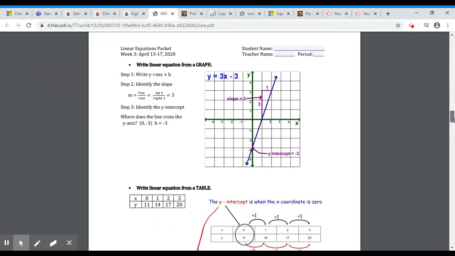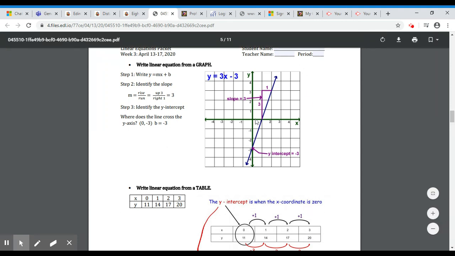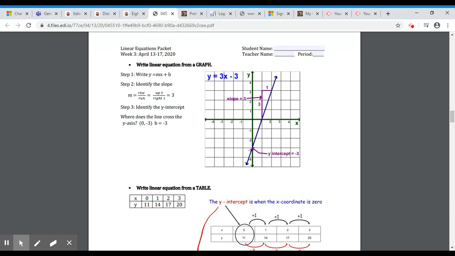Now, how do I write an equation from a graph? If I have a line on a graph, I've got to identify two things. Remember, I need to identify my m, and I need to identify my b.